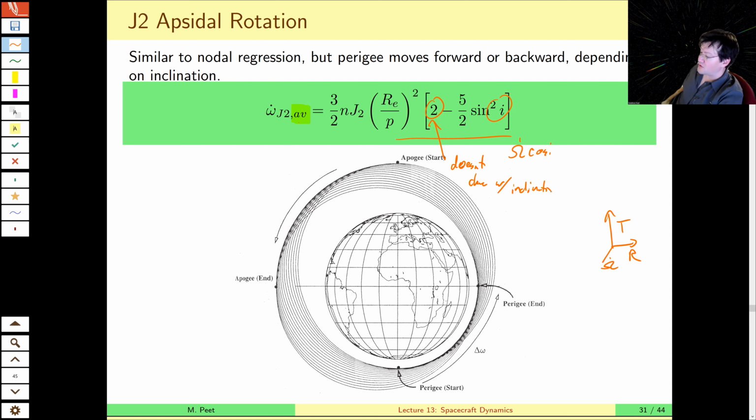So there's a sort of scalar effect, and then there's one that does vary with inclination. So to summarize, all orbits have perturbations to the argument of periapse: a part which can't be changed, which is secular, and a part which can be changed, which depends on inclination.